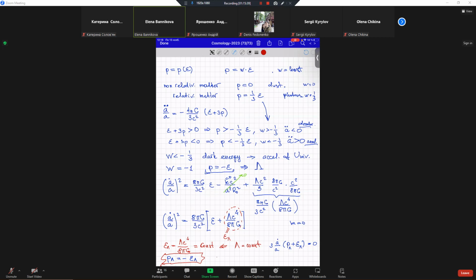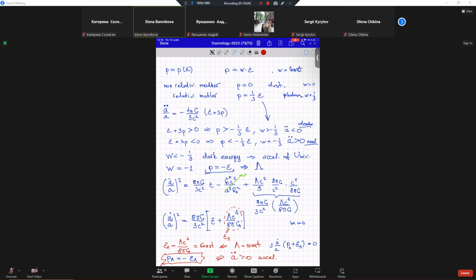If this component is present, it will bring us to the fact that a double point is positive. So it will create acceleration of the universe, if we consider the universe with only this component.